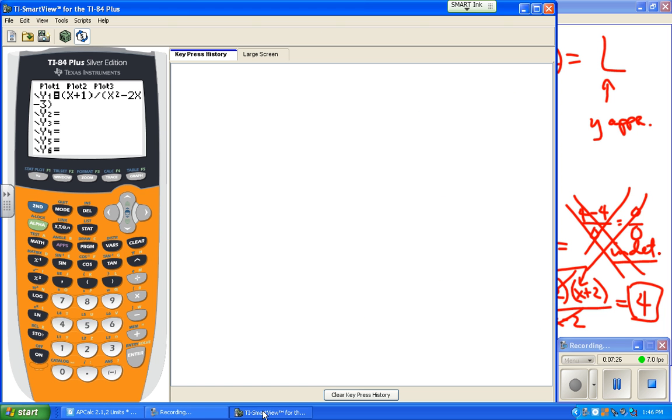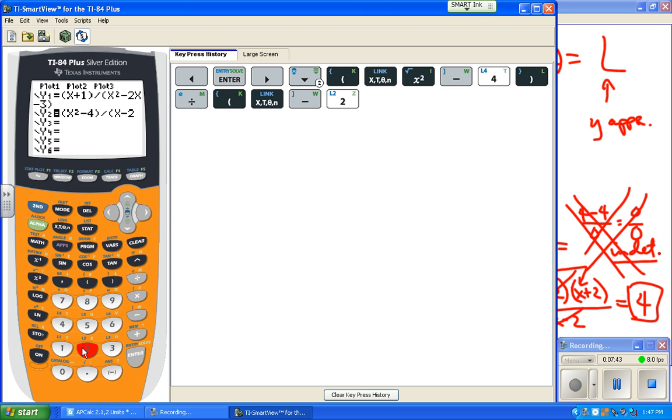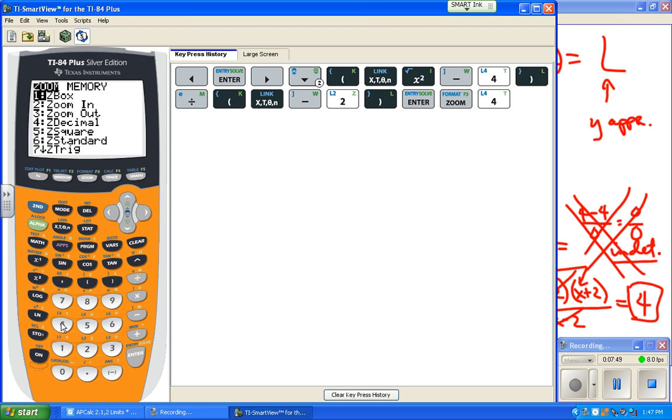Now just a quick little note here. I'm going to turn that equation off because I want to save it for later. So x squared minus 4 over x minus 2, I believe, is the equation. I'm going to zoom 4, and I don't know if this will show up like I want it to. It does not. So let me just change the y max.